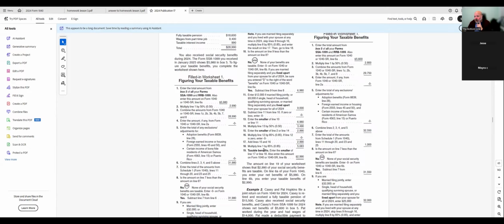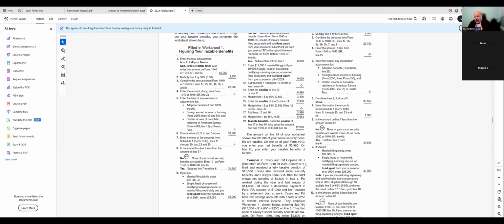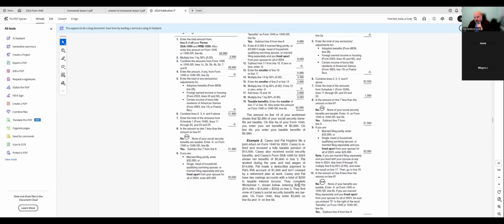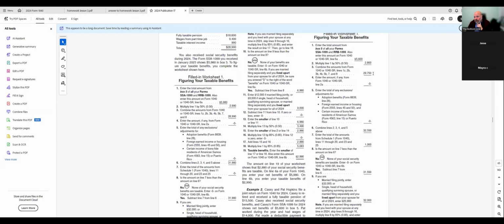So we combined all the other incomes, which came to 29,750, when we combined the pension, 14,000 W-2 income, and 250 taxable interest. And they're married filing jointly. Their threshold is 32,000.